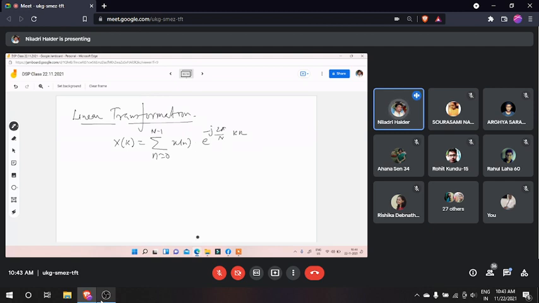In that formula, this is basically responsible for your angular frequency. All of you know that. 2 pi by n, that is responsible for your angular frequency.